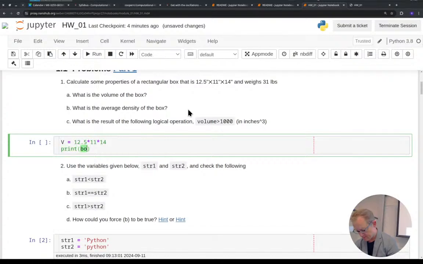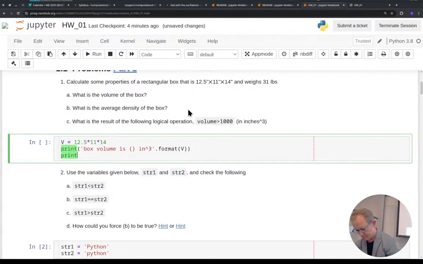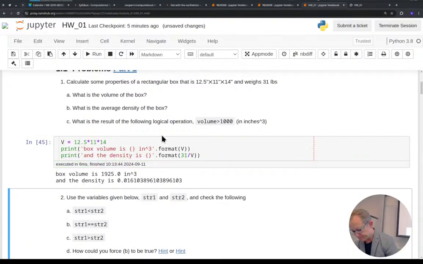Print box volume is... So right now I have 2 things printed out.